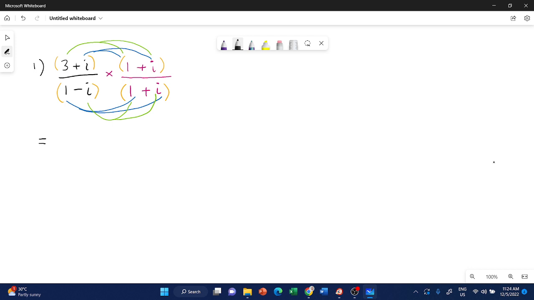So we do the green one for the above one. So we have 2 times 1, and then we have 3 times i. Then we follow the blue one.